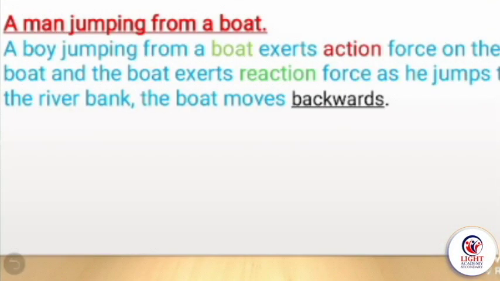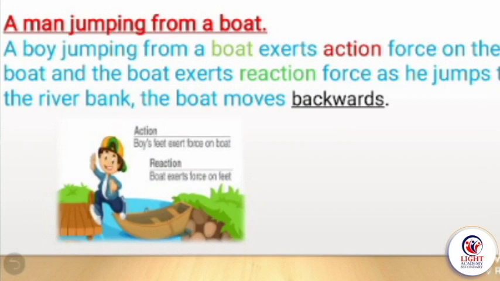A boy jumping from a boat exerts an action force on the boat, and the boat exerts a reaction force as he jumps to the river bank. So the boat moves backward. The boat will move in this direction as the boy is jumping off in that direction.